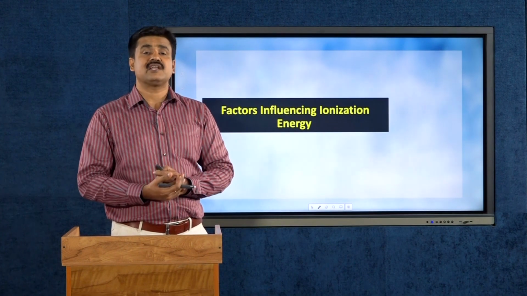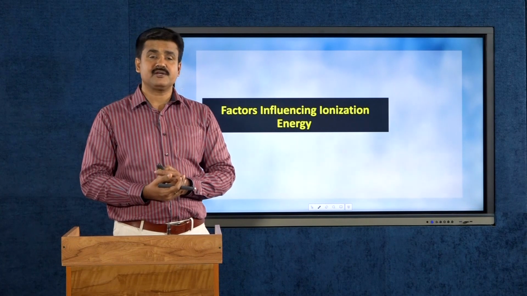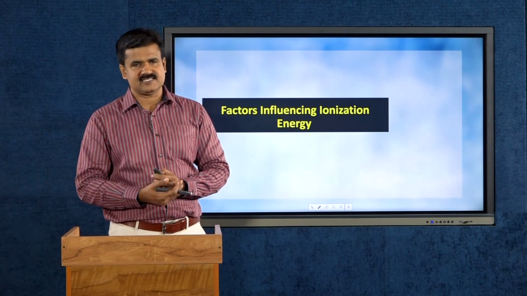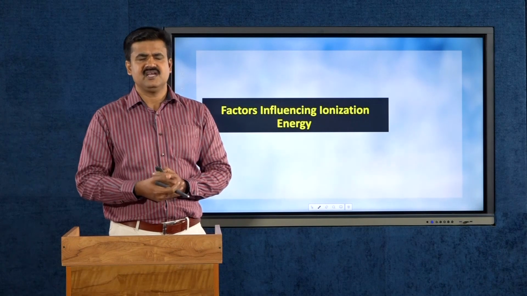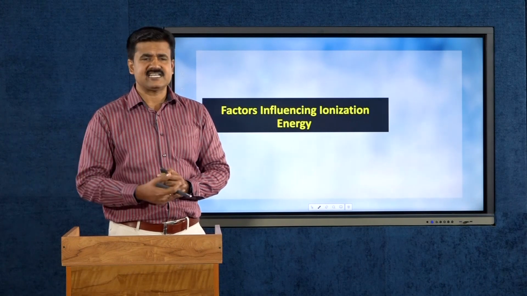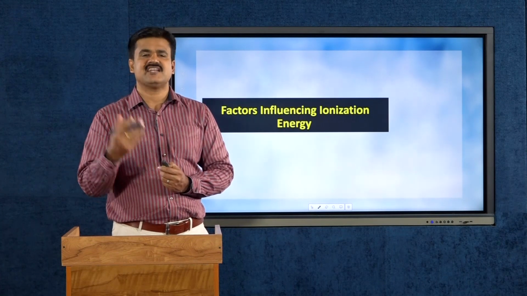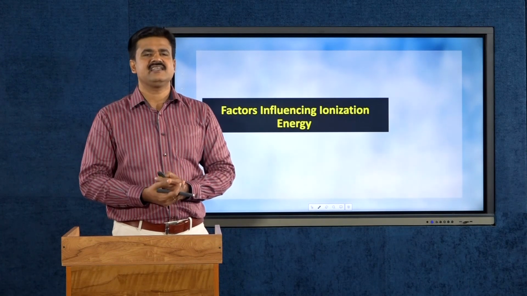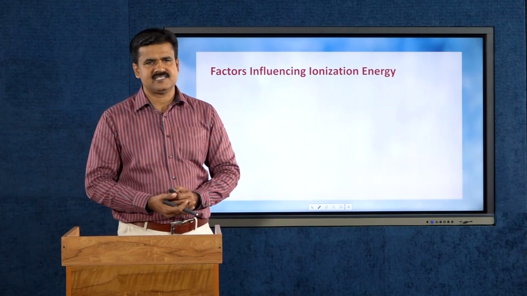What are the important factors that govern the magnitude of ionization energy? So many factors like nuclear charge, size of atom, electropositivity, electronegativity, etc. have some close connection with the ionization energy.